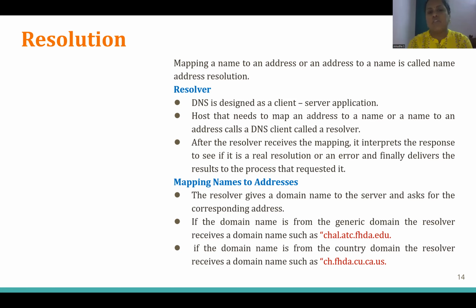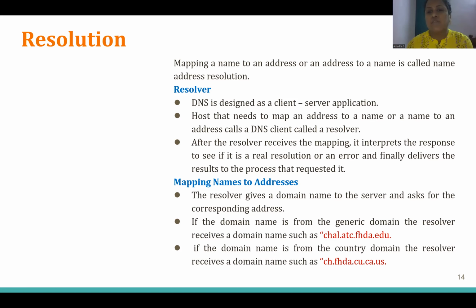We need this resolver to convert the DNS domain name into an address or vice versa. After the resolver receives the mapping, it interprets the response to see if it is resolved correctly or not. If any error happens, the particular error message is delivered. Mapping names to an address: the resolver gives the domain name to the server and asks for the corresponding address.